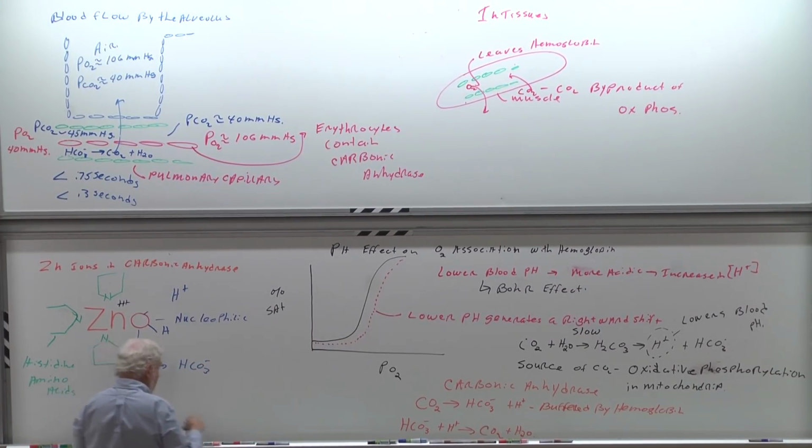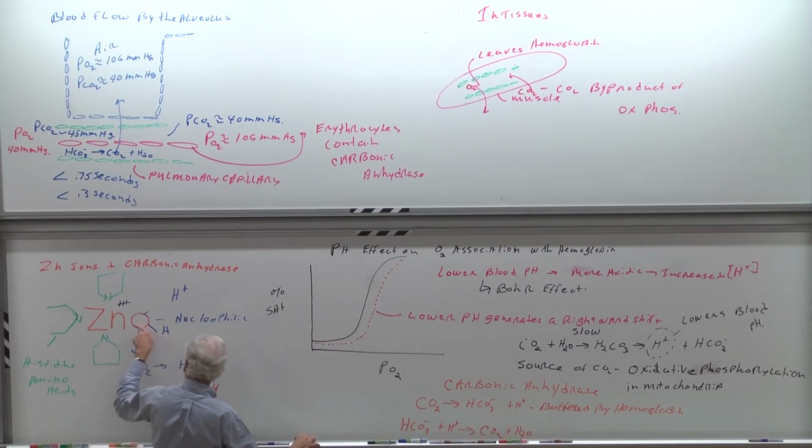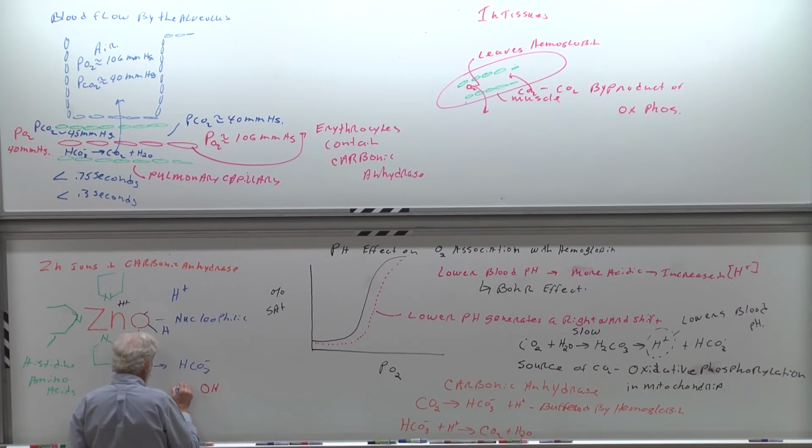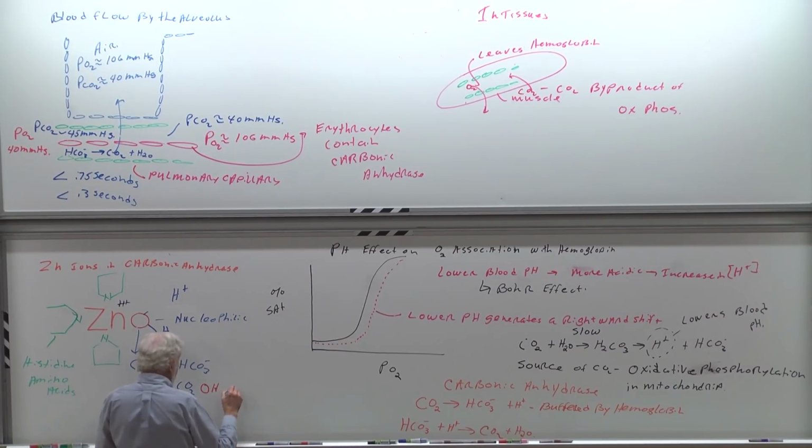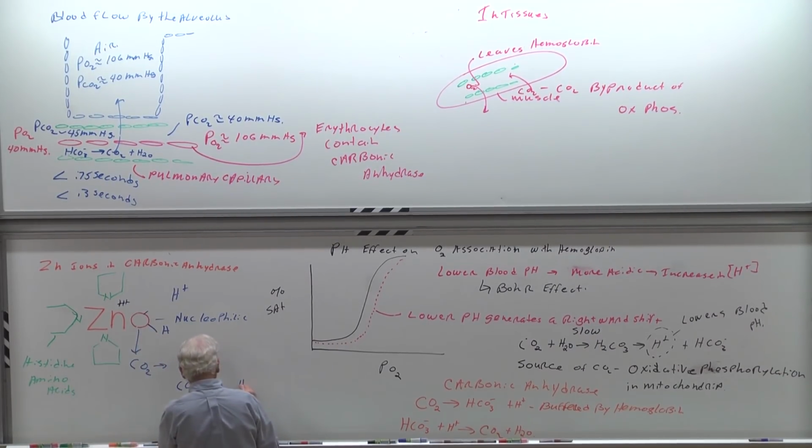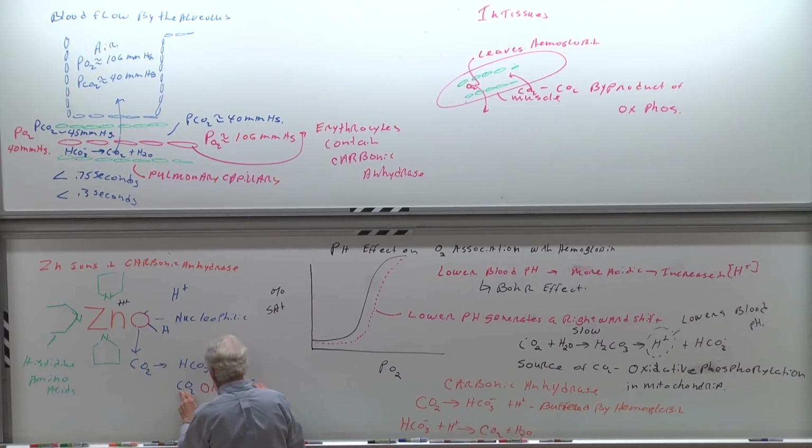Now it's worth taking a moment to recognize that the OH is from water. It's this hydroxyl. But then there is the CO2. And you count them up. There's the H. There's the C. And now 1, 2, 3 oxygens. So that's HCO3, and we end up with a negative charge on it.